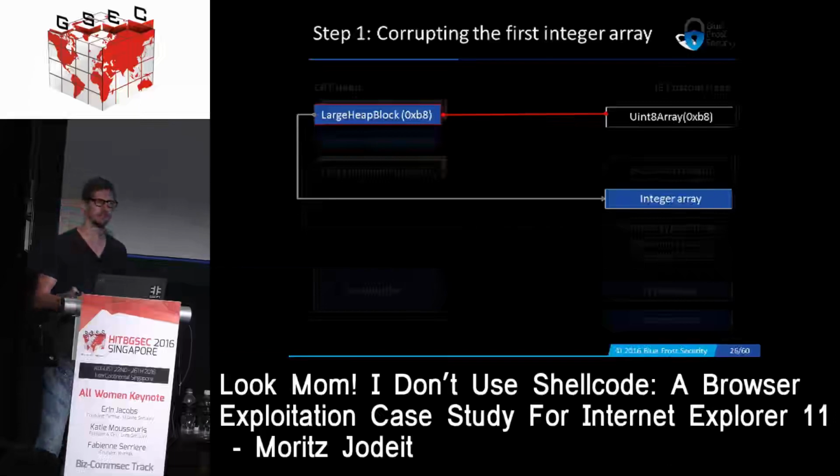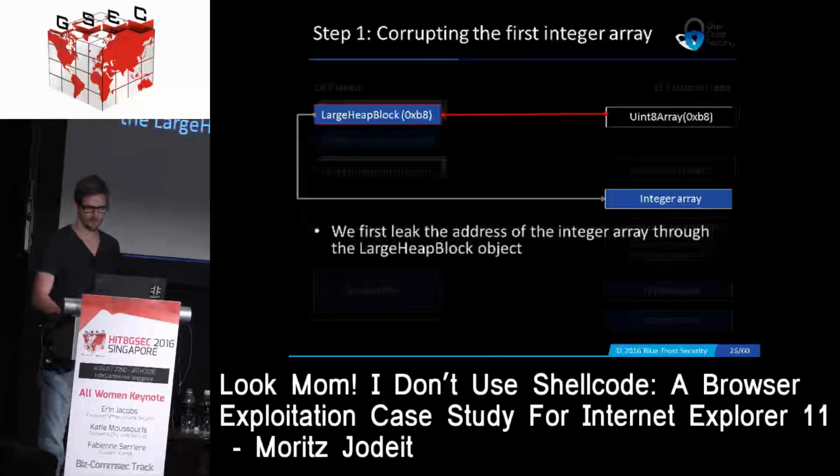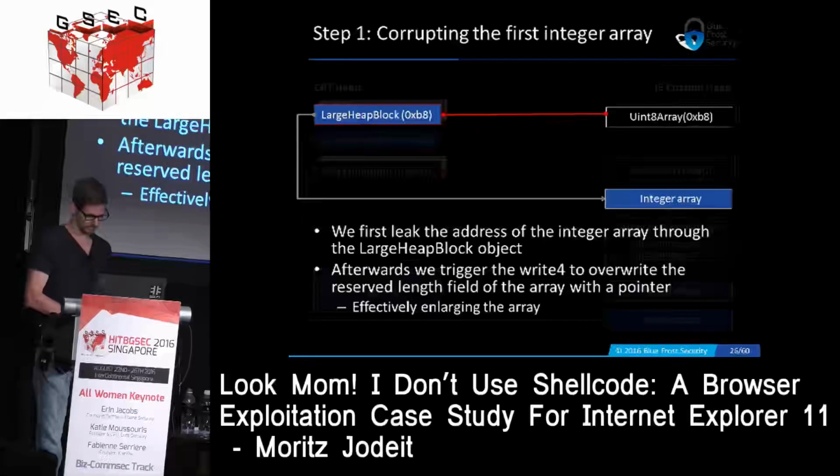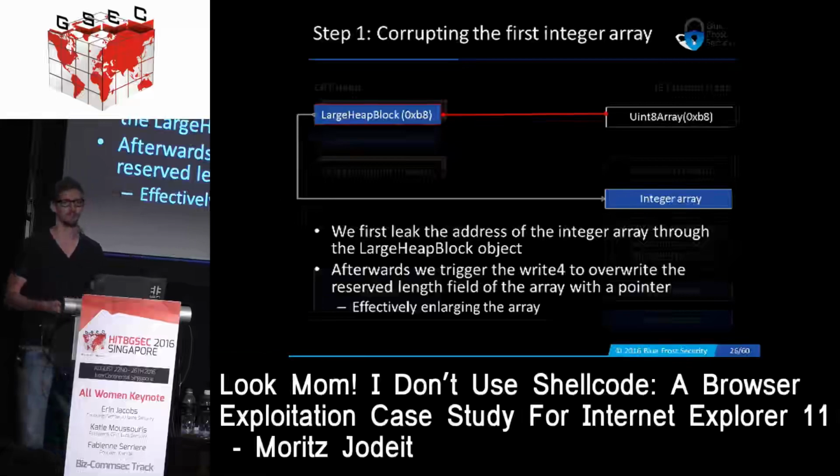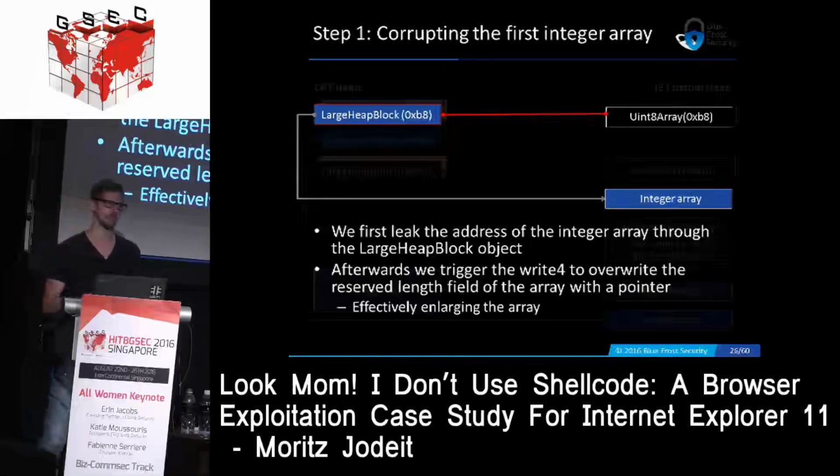So we just leak that pointer, so we find out the address of the integer array. And then we use the write8 primitive I talked about before. So by overwriting the forward and the backward pointer of the large heap block, we write a pointer to the size field of the integer array.